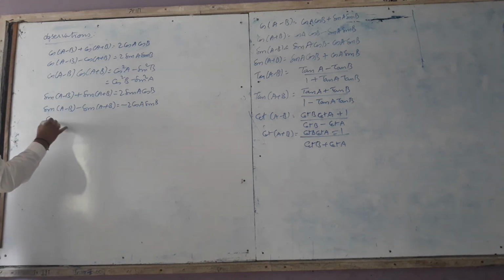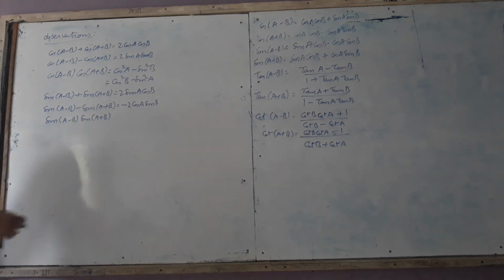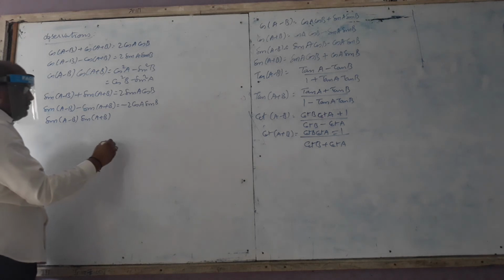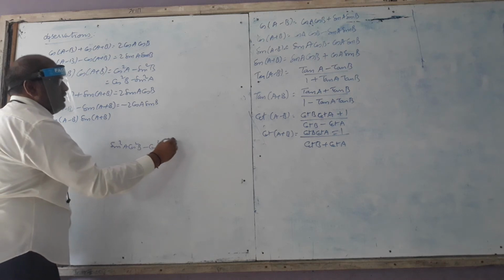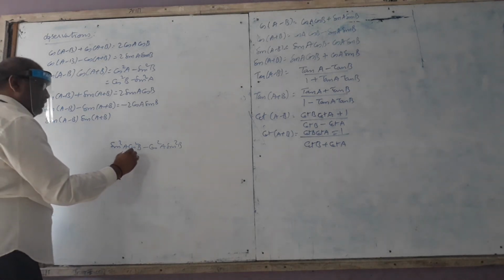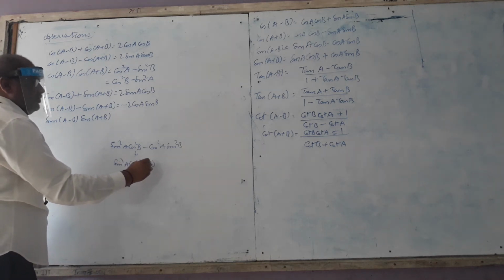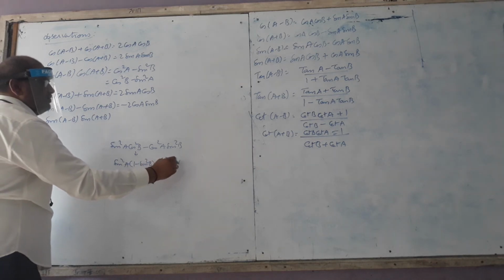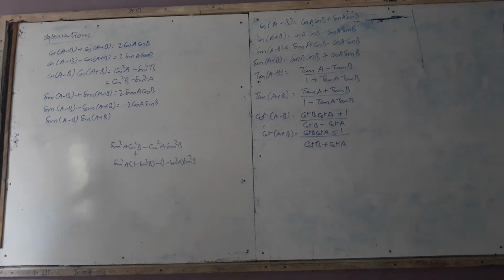And the product: sin A minus B into sin A plus B. What do you get? Sin square A cos square B minus cos square A sin square B. I will convert this in terms of sin square: 1 minus sin square B, 1 minus sin square A. So I am writing all in terms of sin square A, sin square B only.